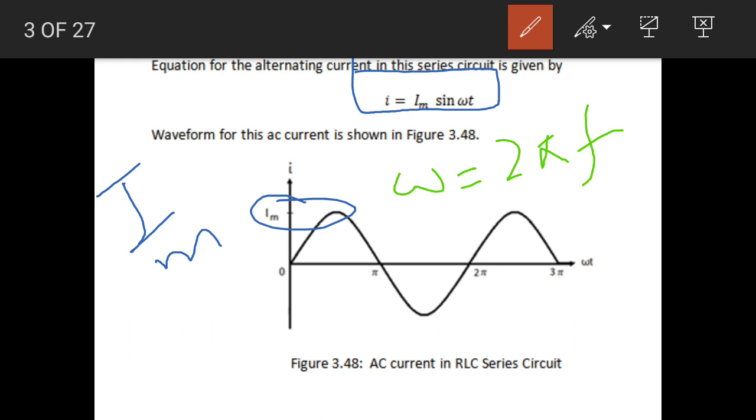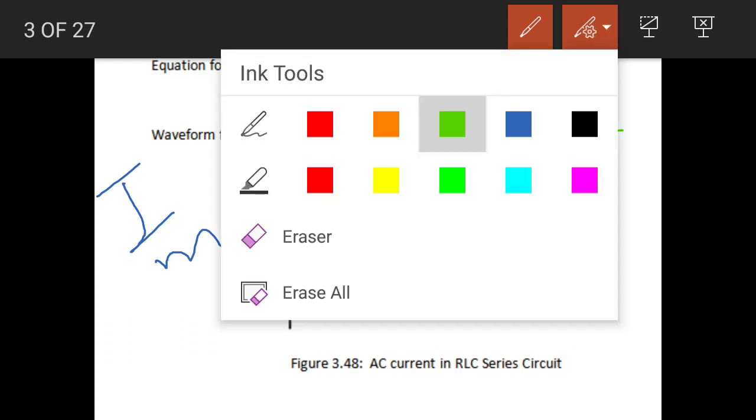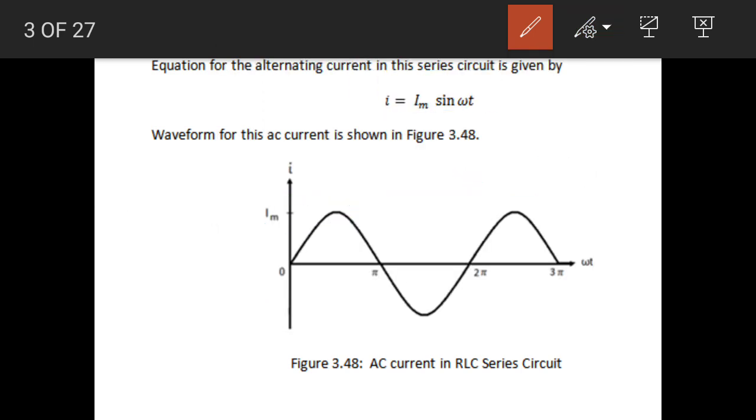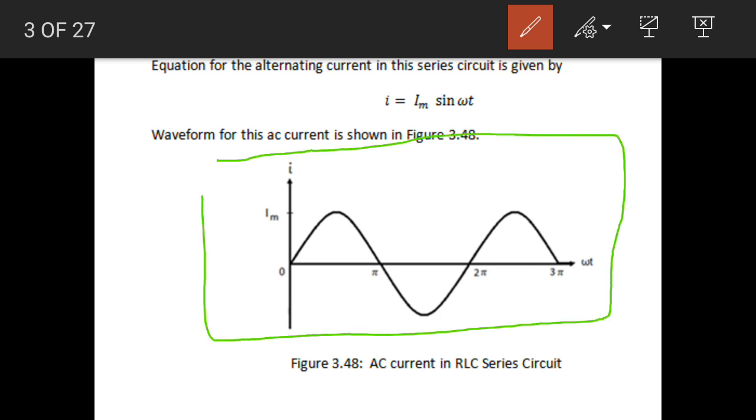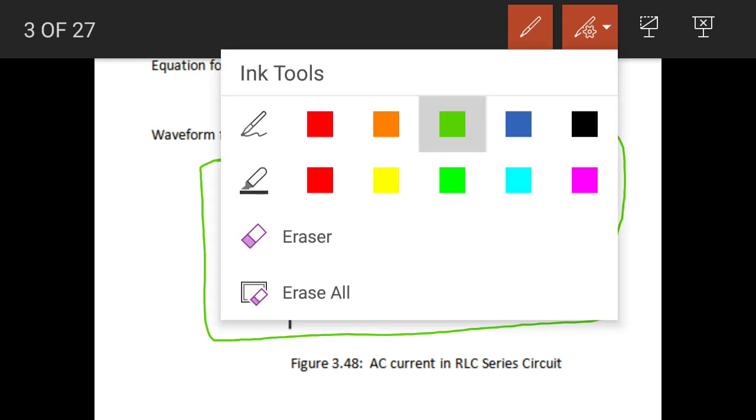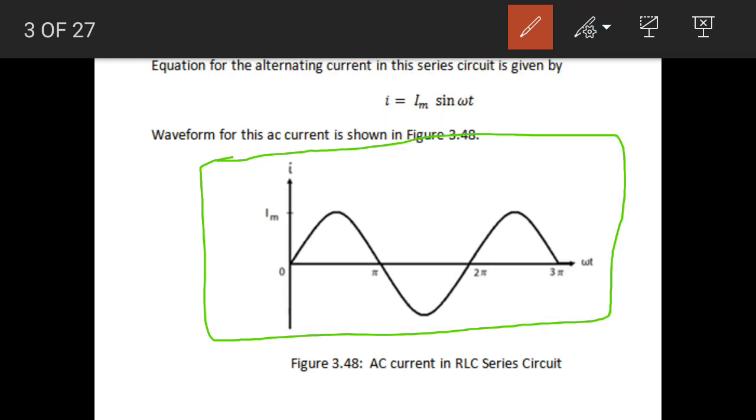So we know the equation for the AC current in this series combination, and we consider the waveform for the AC current in this series combination. This is the waveform for the AC current, and you see this AC current varies with respect to time.